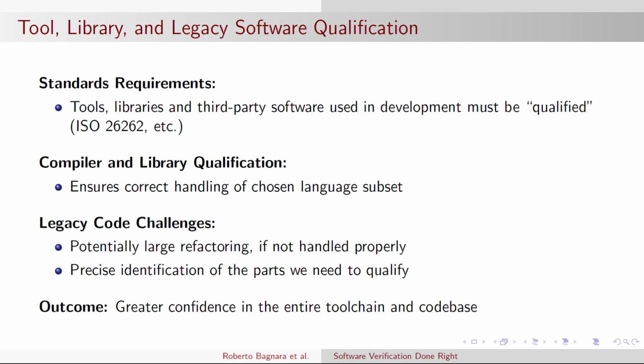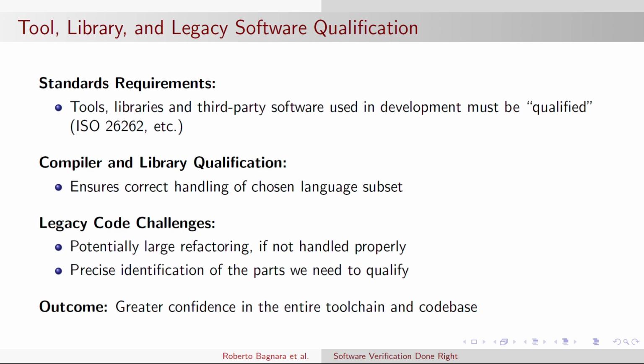We will also pay attention to the important consideration regarding legacy code, in particular open source code. This presents significant challenges. In fact, if not handled properly, this may involve potentially large refactoring, which of course we don't want to do, and we will talk again about MISRA guidelines tailoring.